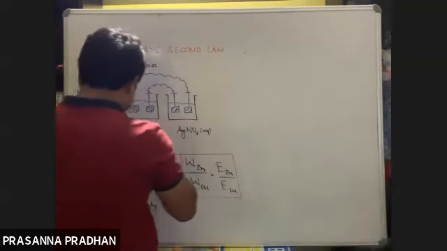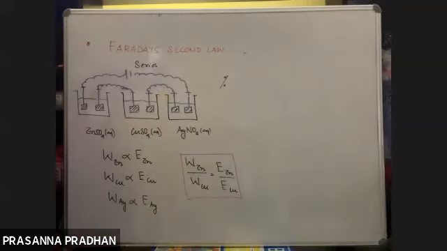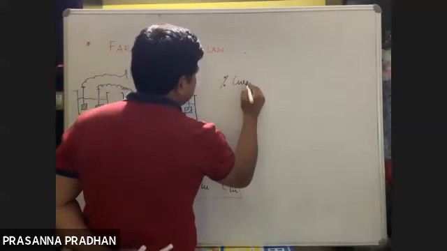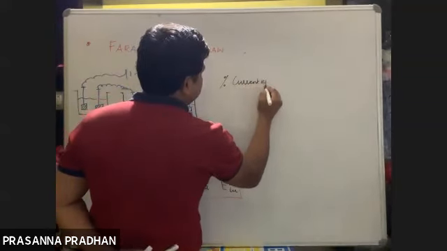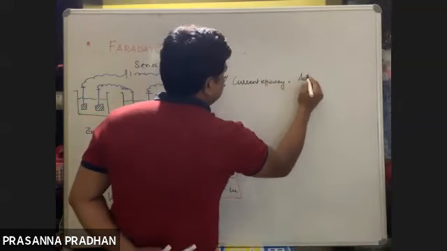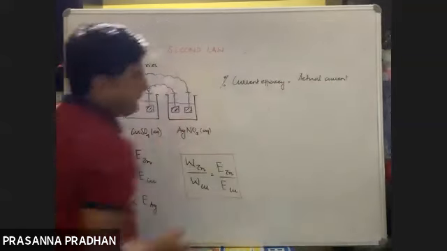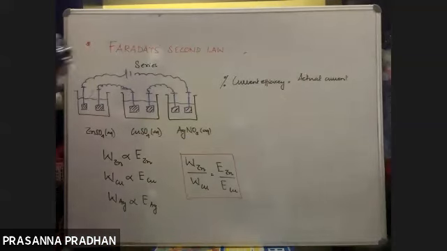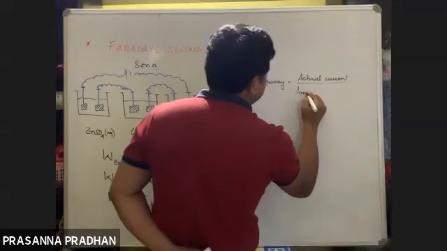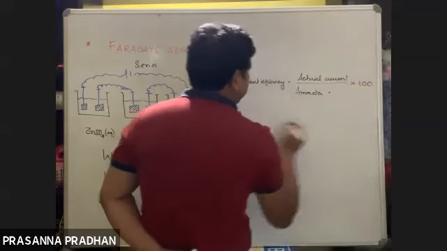The percentage of current efficiency is equal to actual current divided by ammeter current multiplied by 100.